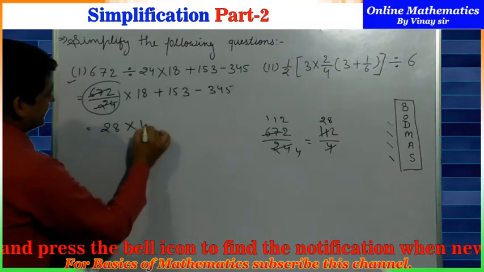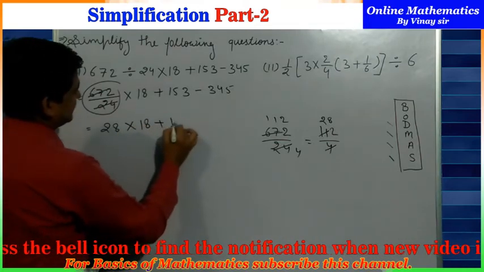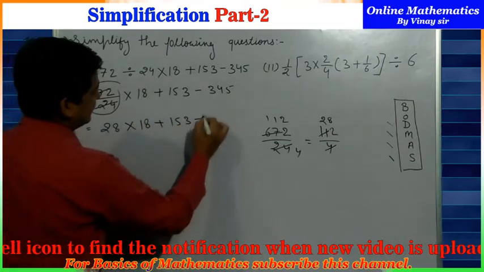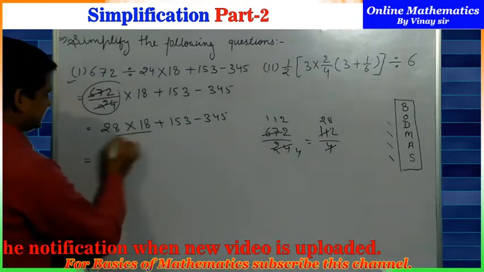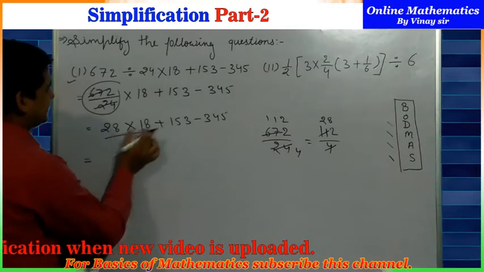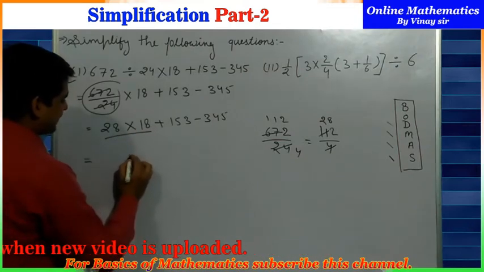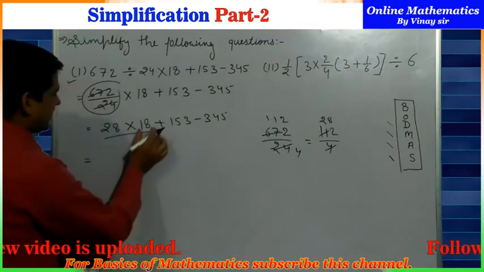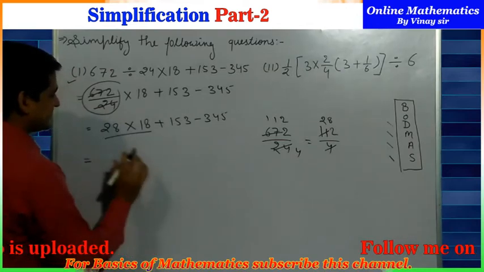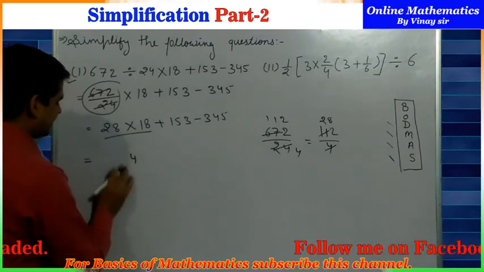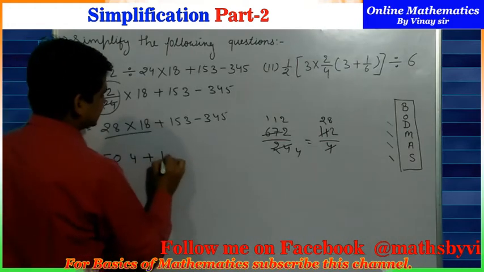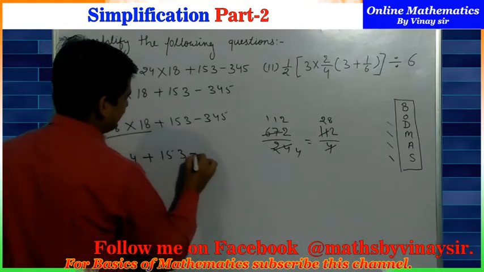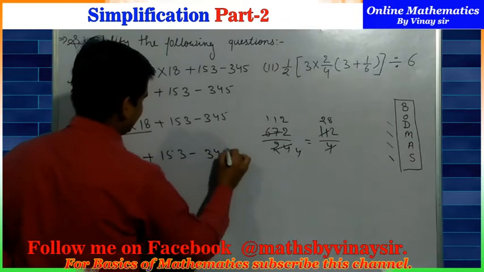This 28 will be multiplied by 18, plus 153 minus 345. Now these two numbers will be multiplied. 18 eights are 144, so we get 4 here. 18 twos are 36, and 36 and 14 make 50. So 504 plus 153 minus 345.